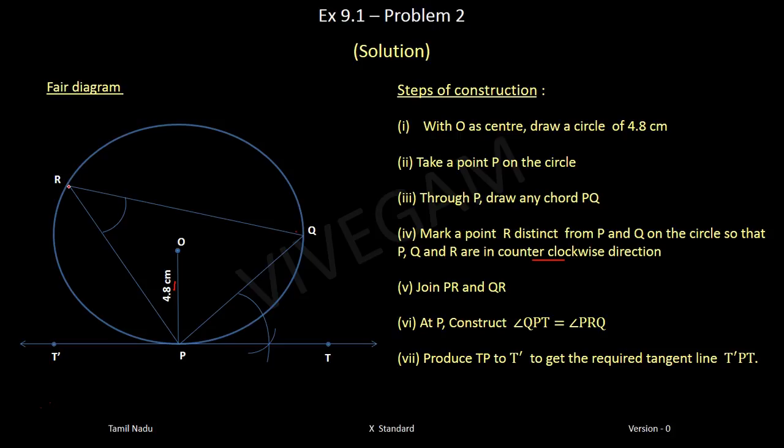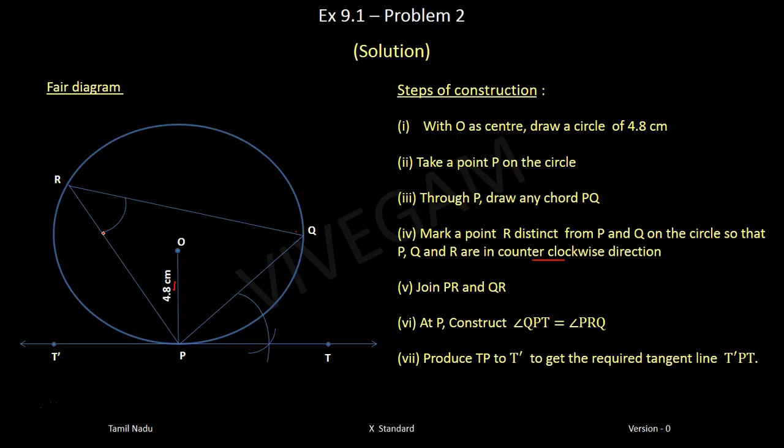With R as the center and x centimeters, maybe 1 centimeter or 2 centimeters, whatever suits you, draw an arc cutting these two lines. With the same radius from P as a center, draw another arc. Then measure the length of this arc, that is the measure of the chord.